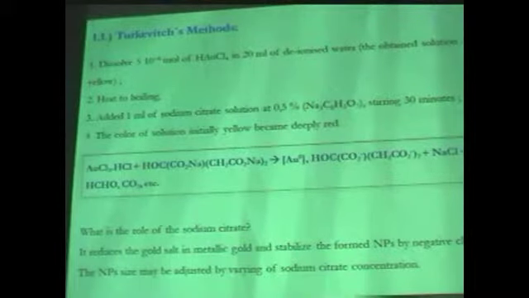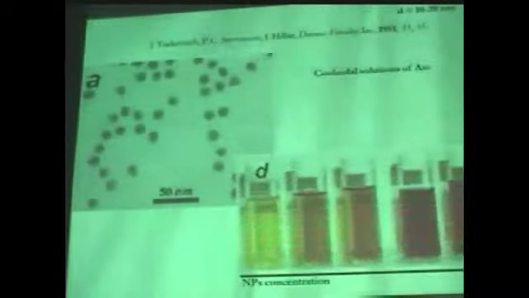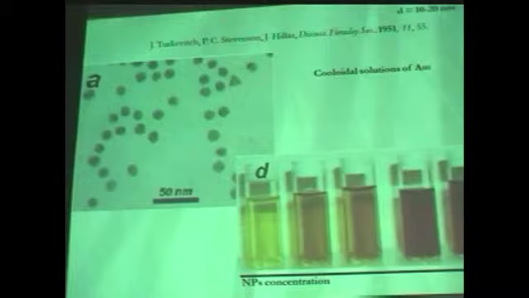And we can adjust the size of the nanoparticles. We can play with the size by varying the sodium citrate concentration in comparison to the gold precursor concentration. You can see here a TEM photograph of gold nanoparticles obtained by using this Turkevich method, which present a size distribution ranging from 10 to 20 nanometers.